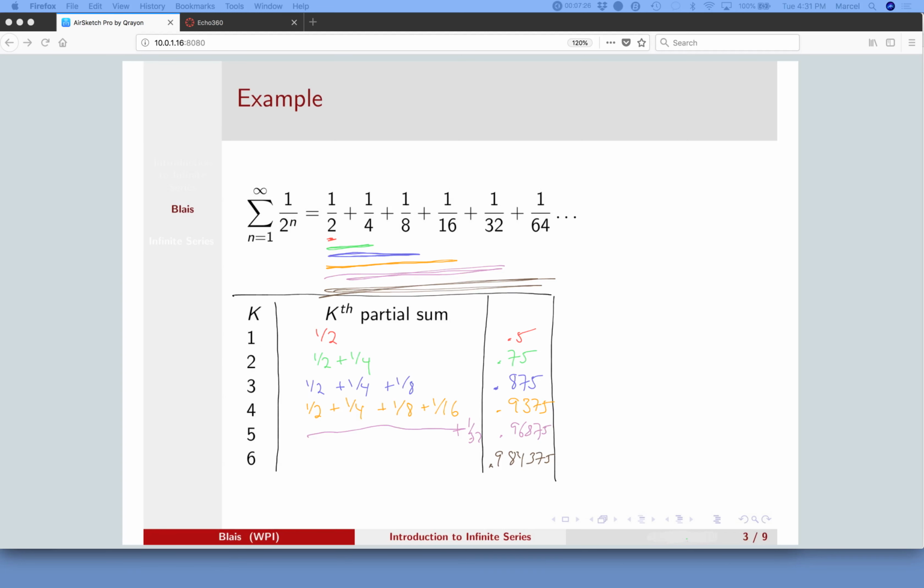And that's the key. The key is to look at this as a sequence. So the sequence of Kth partial sums.